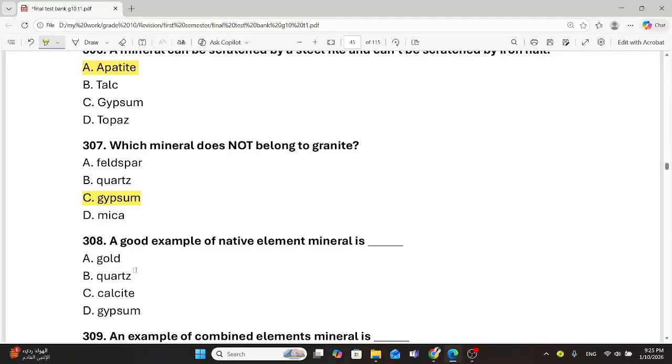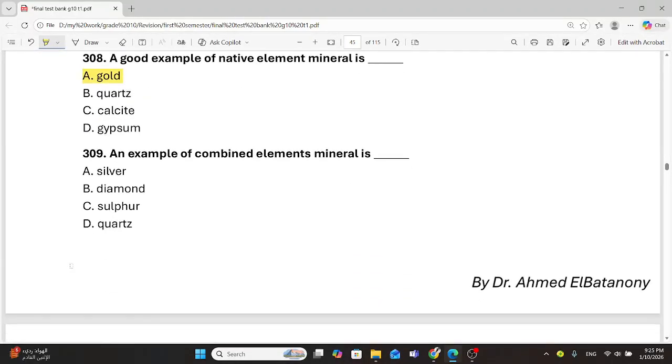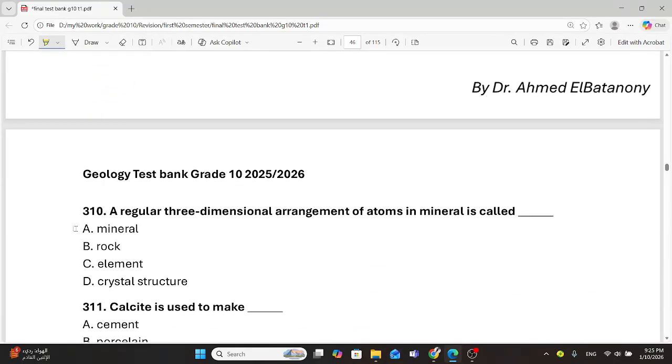A good example of a native element mineral is gold. An example of a combined elements mineral is quartz. A regular three-dimensional arrangement of atoms in a mineral is called a crystal structure.